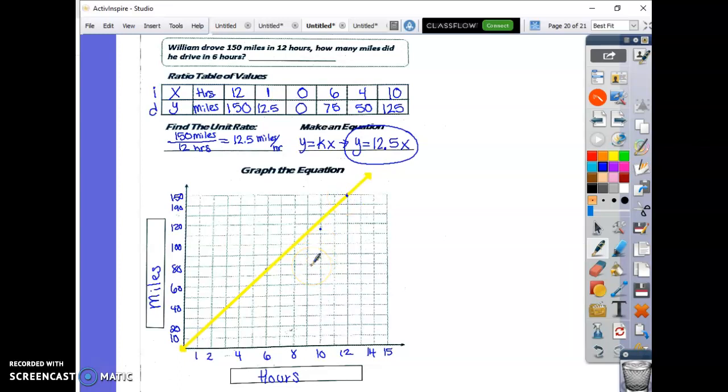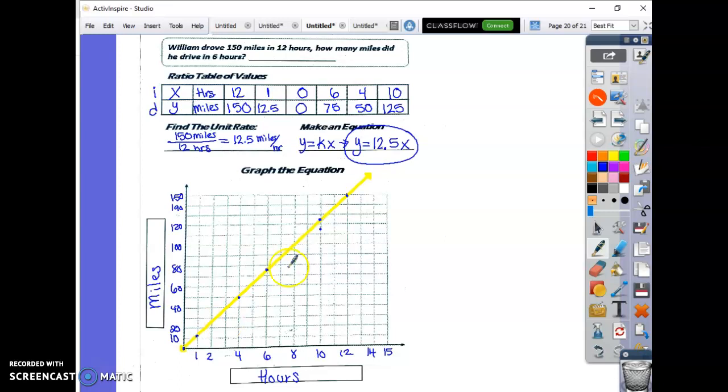Let's just fill them back in again. 0, 0, we know for sure goes over there. 1 was 12.5. 4 was 50, oh, yep, right over there. 6 was 75, so halfway, perfect, right over here. And then 10, it looks like I might have, oh yes, I did 15 instead of 25. So that was a human error.